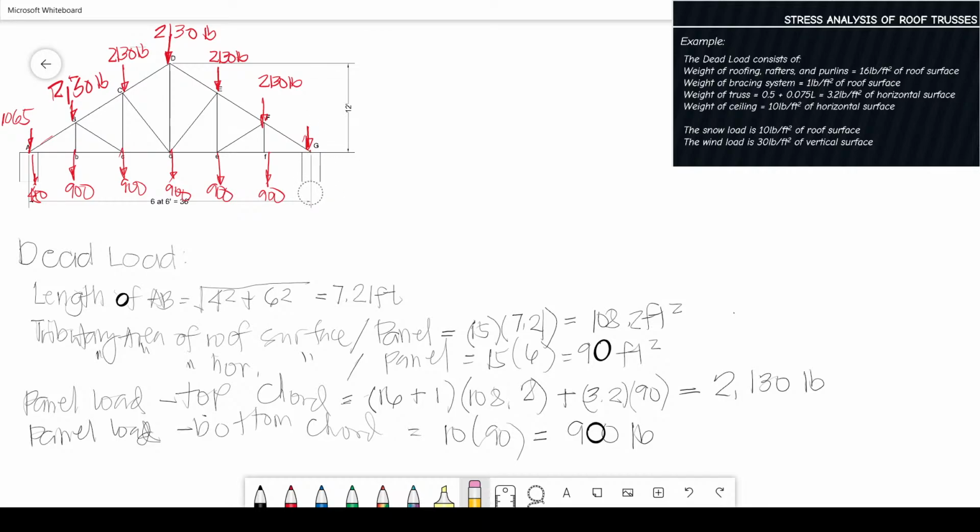We can add this one: 450 plus 1065 is 1515. Sorry, 1515.